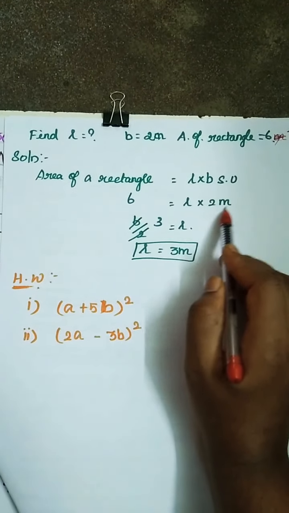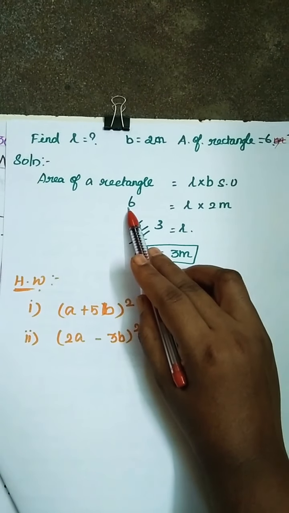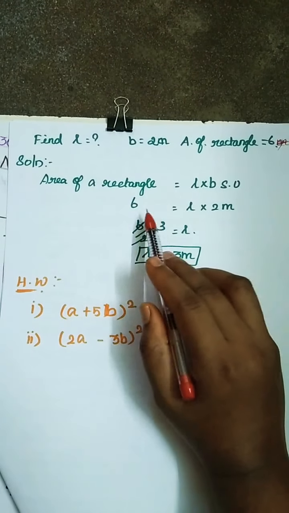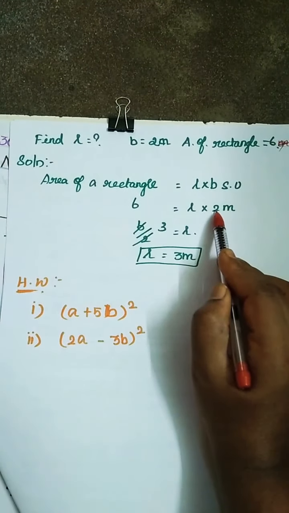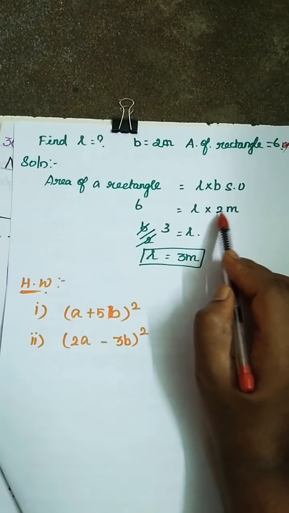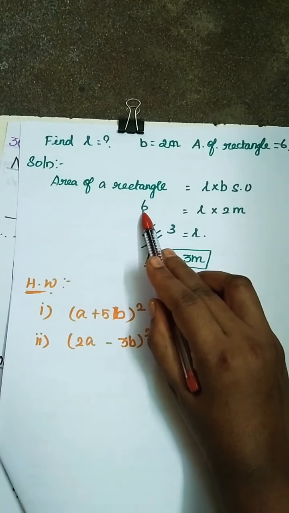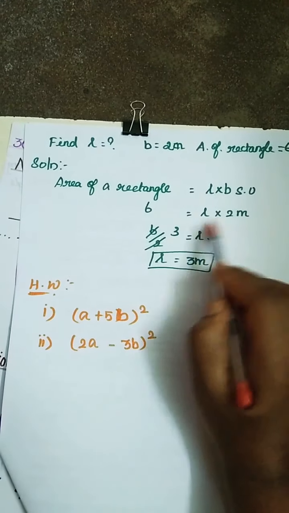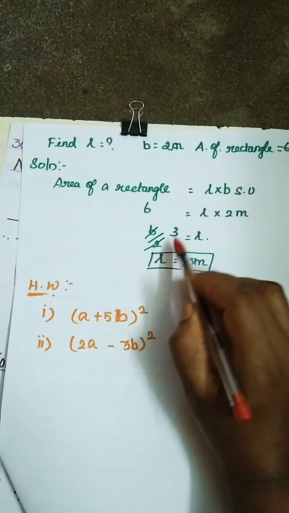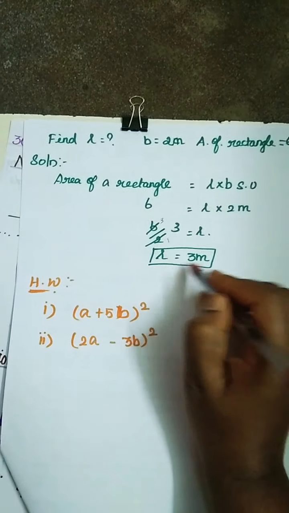Right hand side value, multiplication 2 going to left hand side changes to divide. 6 divided by 2 equals 3. 1 2s are 2, 3 2s are 6. Length is equal to 3 meter.